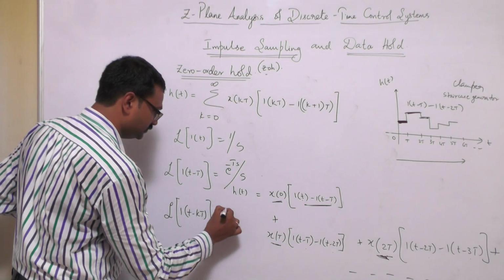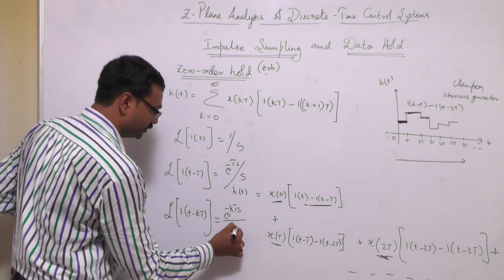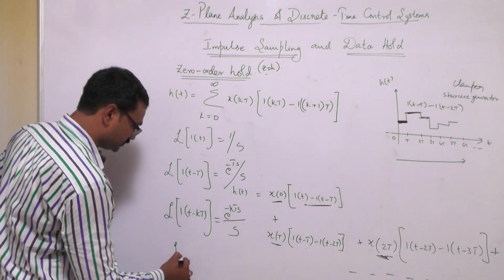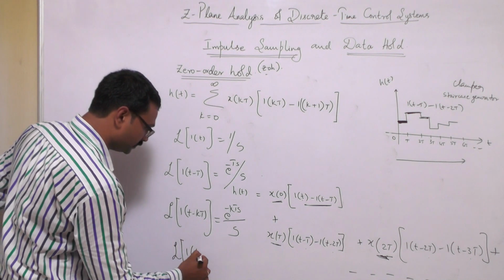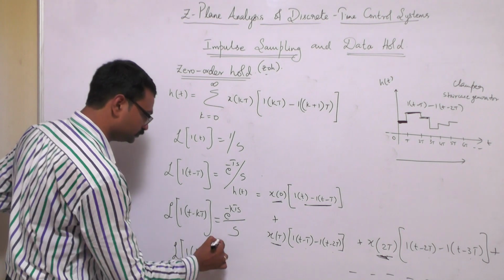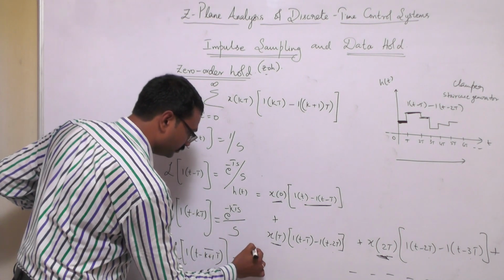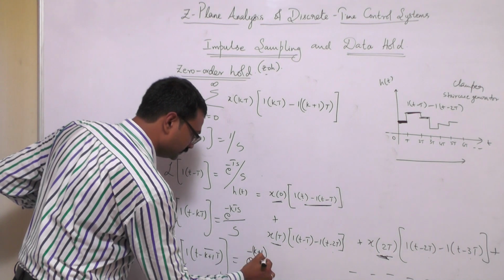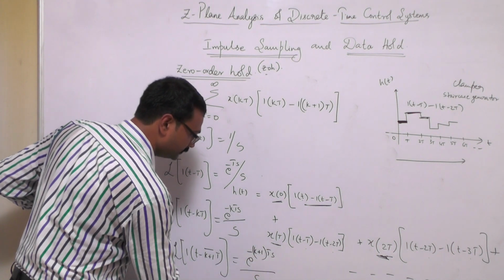I have it as e power minus kts by s, and the Laplace transform of 1 of t minus k plus 1 t, I have it as e power minus k plus 1 t s by s.